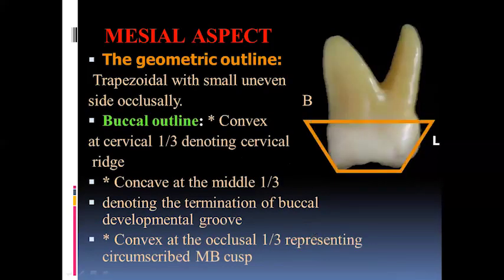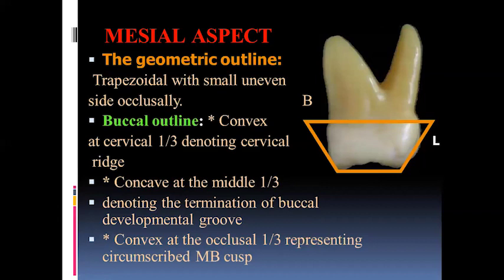Mesial aspect, geometric outline is trapezoidal. Buccal outline is convex at the cervical 1/3, denoting the cervical ridge. Concave at the middle 1/3, denoting the termination of the buccal developmental groove.